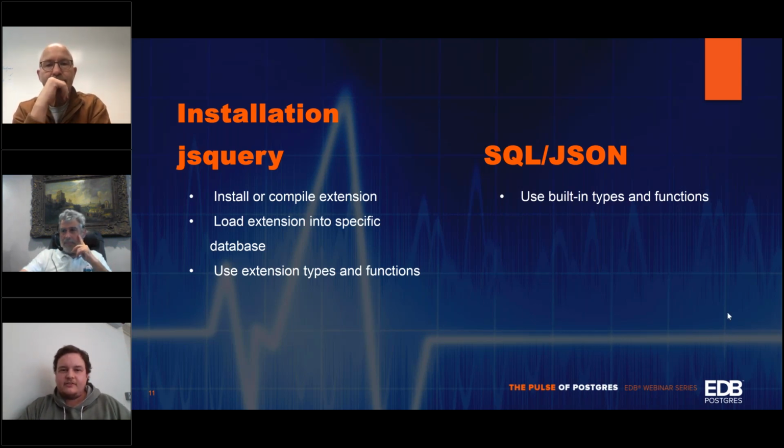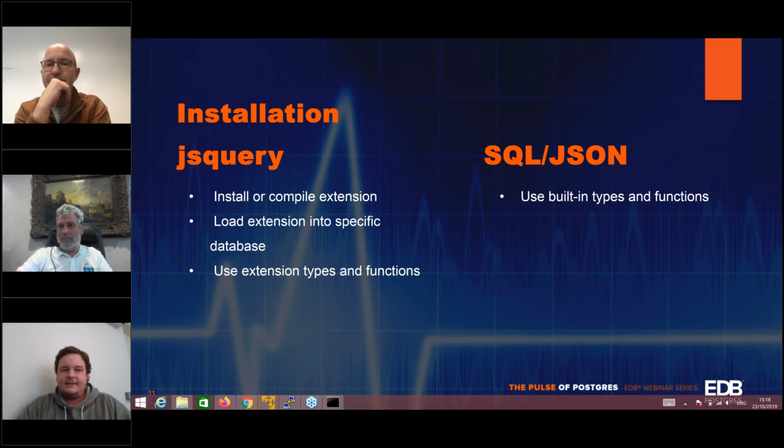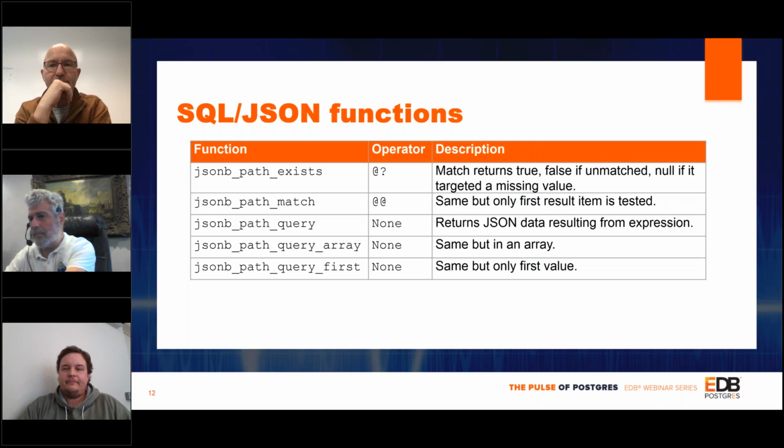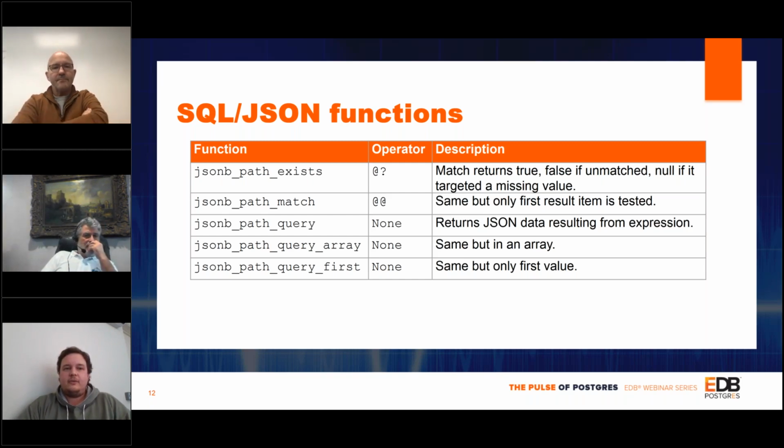Sorry, were there any other questions before we continue? No? Okay, so what I'm going to cover now is a comparison of the functionality of Jsquery and SQL JSON. Before I do, I'm just going to cover some of the SQL JSON functions that are the primary functions that you use with SQL JSON.